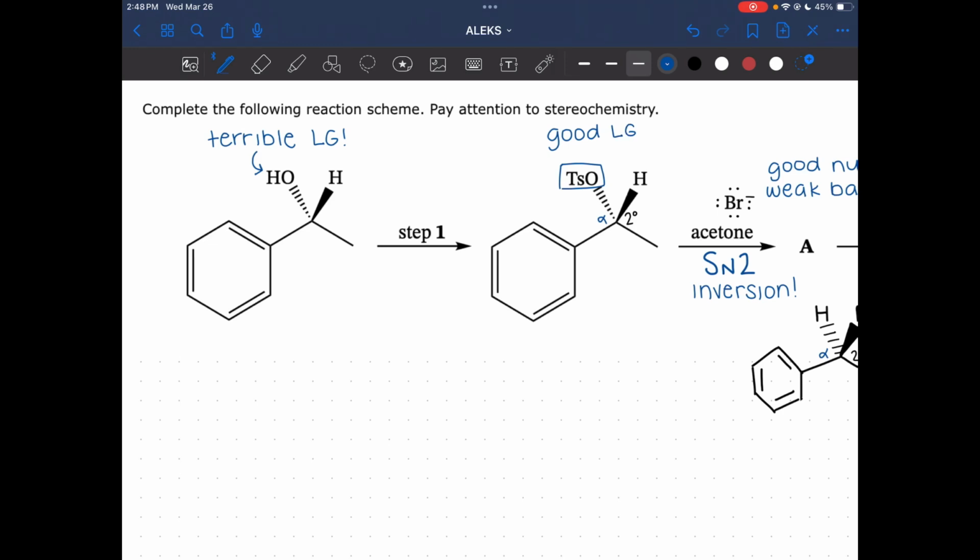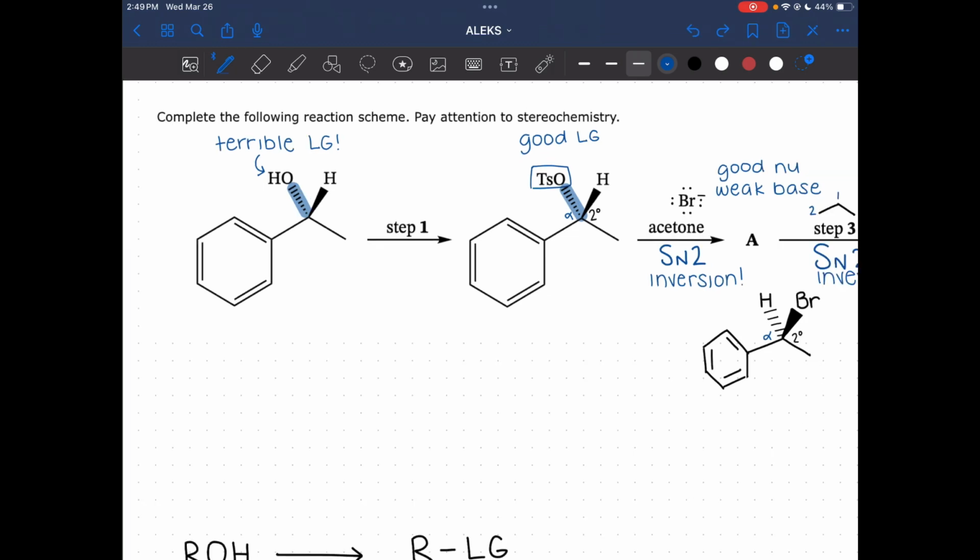But I'm also seeing that these dashes stayed exactly the same. So when you think, was this inversion or retention at this step? Well, it's going to be retention. We didn't change the fact that the groups we're dealing with are dashed. If I see OTs, it's something you just have to remember.